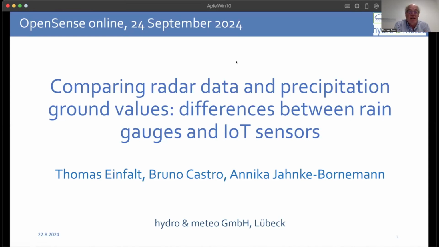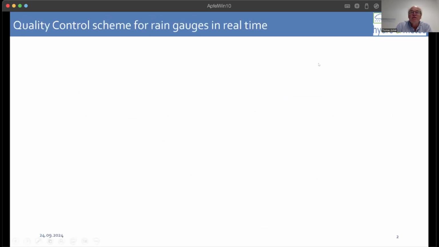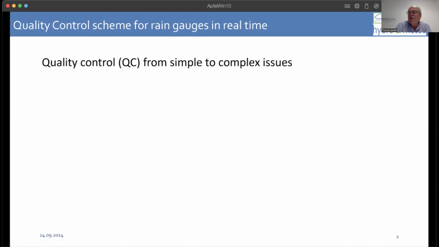So what I'm going to present is some work about comparing radar data and precipitation ground values, and the differences that we see between rain gauges and IoT sensors. Before you can compare radar data to rain gauge data, the radar data have been corrected, as Ricardo explained, but rain gauge data are not always the truth.